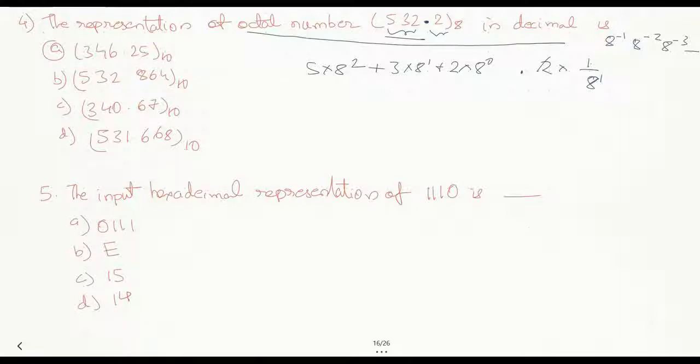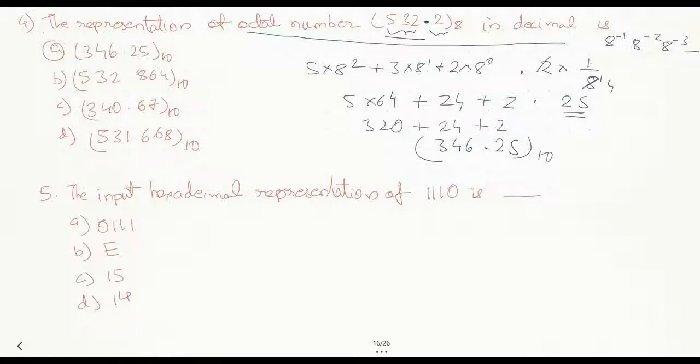So 2 times 1 by 8 is 0.25, and the integer part is 2 plus 24 plus 5 times 64, which is 320 plus 24 plus 2, so it will be 346 and 0.25. So the decimal is 346.25, which is A. So A will be the correct answer.